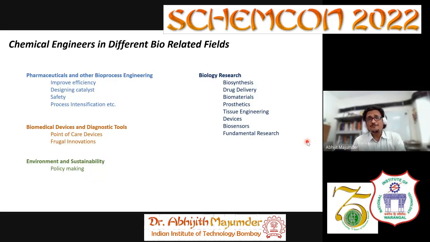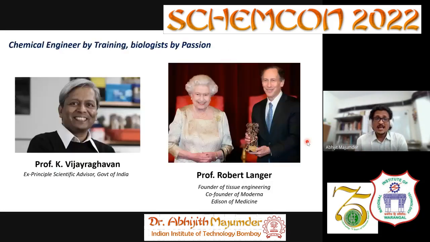If you ask me who my role models are, when I talk about chemical engineers working in the various areas of biology, these two people come to my mind. One from India, Professor K. Vijayaraghavan, you may know him. Very recently he was principal scientific advisor to the PM.